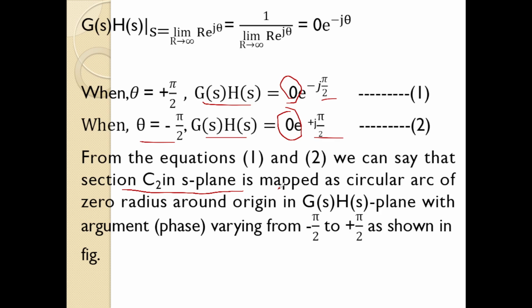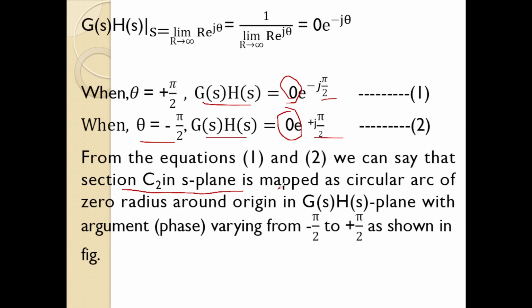Okay, now let us go to the mapping section of C3. Mapping section of C3. So if you observe, for mapping section of C3, if you go to our actual contour on S plane, this is our contour, isn't it? This was our contour.